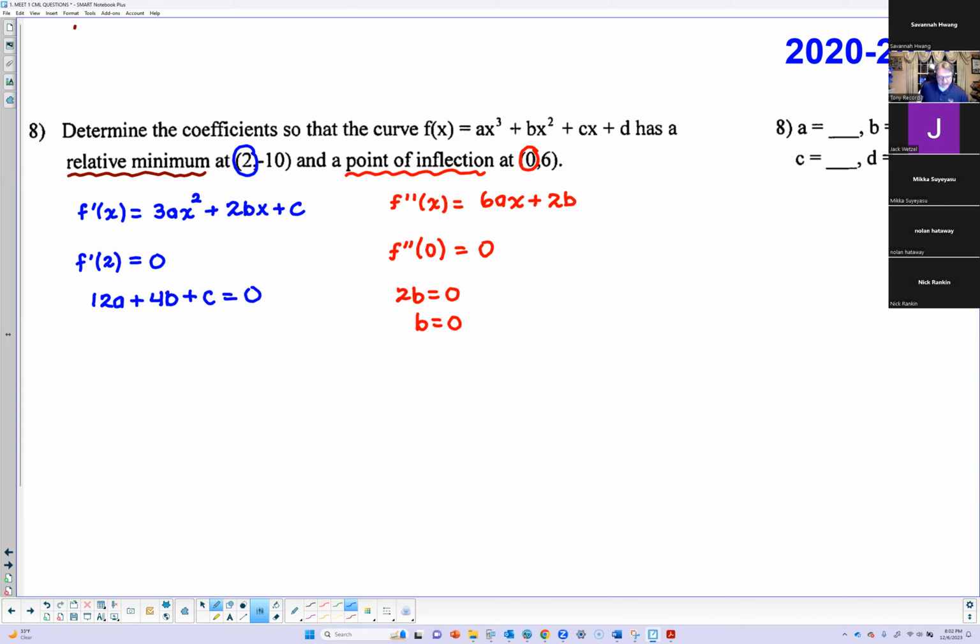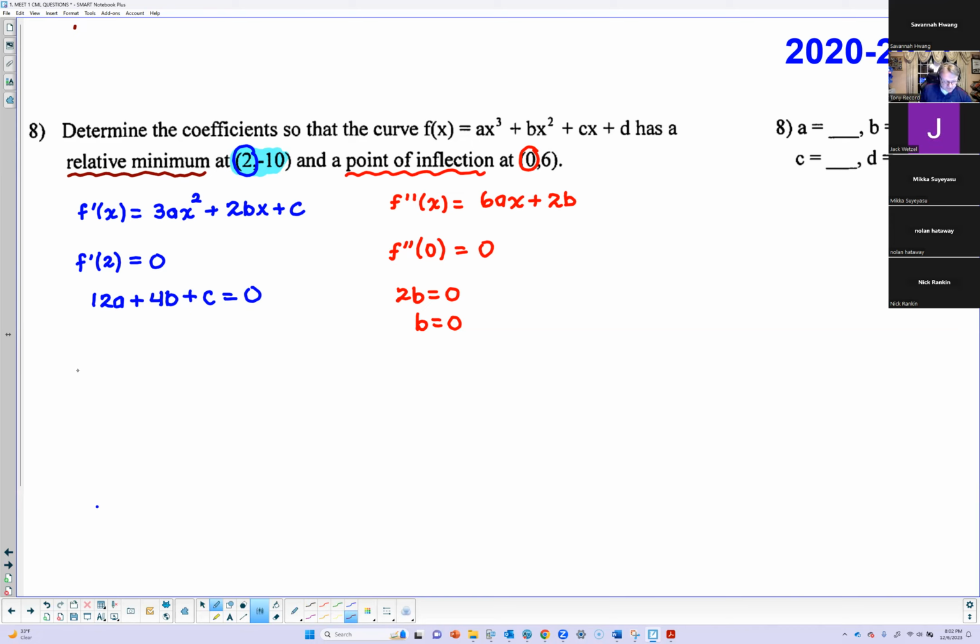So how do we get the A and the C then? And for that matter, the D? Well, it has nothing to do with calculus, you guys. You see that relative minimum? That has to be a point that lies on the function. So what does that mean that you can do with that ordered pair? And if you're thinking, plug it into the original, you're thinking the right thing.